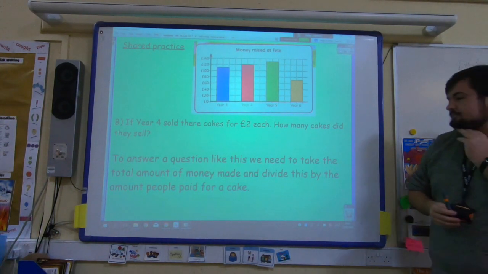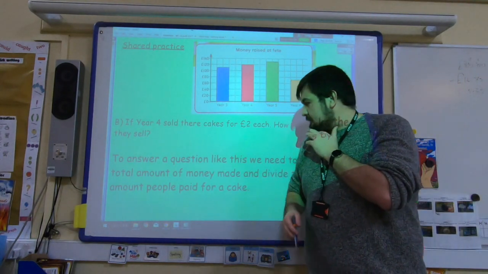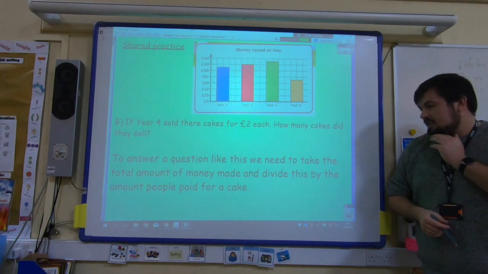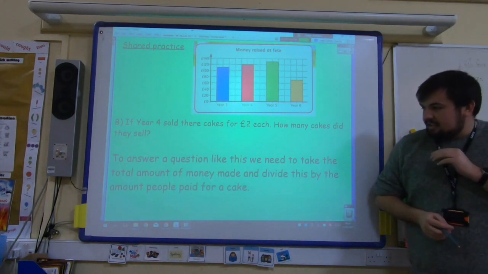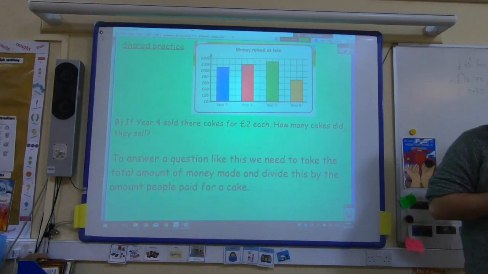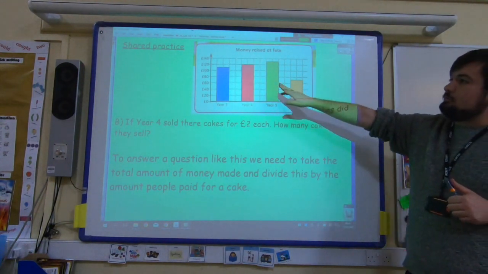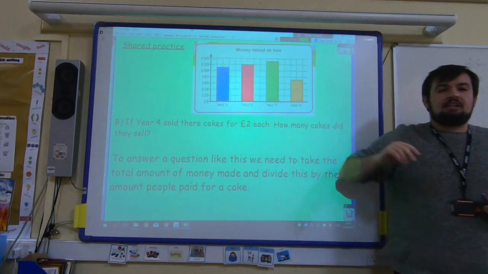Hard question. Now, I put at the bottom here, to answer a question like this, we need to take the total amount of money made and divide this by the amount people paid for a cake. So how much money did year 4 make?